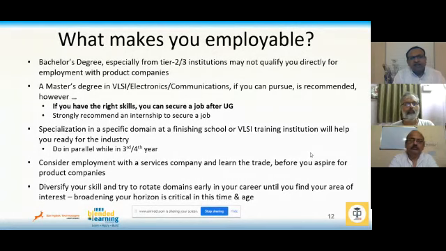And finally, I would say diversify your skills and try to rotate domains. And it's clearly what you've seen me doing, right? In my career, rotation of domains is very critical. I say you should try to do it early in your career. And I don't stop you from trying it later in your career.